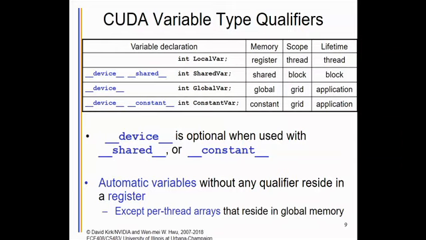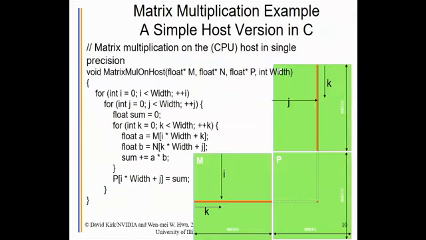As long as any thread in the block is still executing, the contents will still be preserved. The global variables have the lifetime of the application. So you can launch multiple kernels, and the variables will be preserved across kernels. The constant memory will also be preserved across kernels in the application.